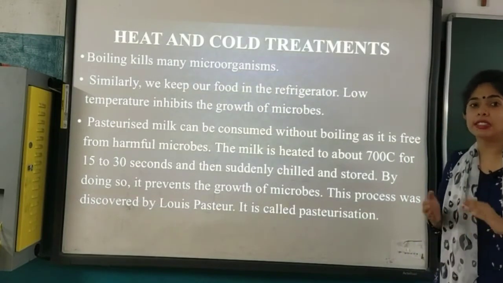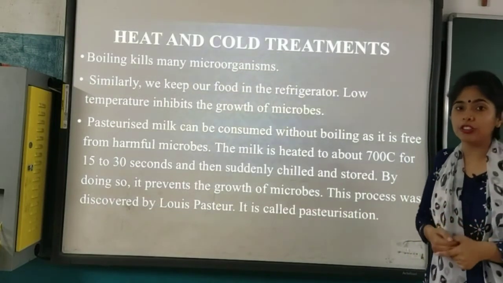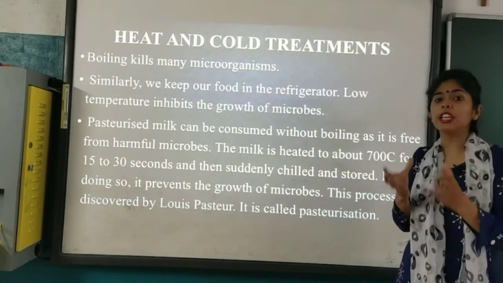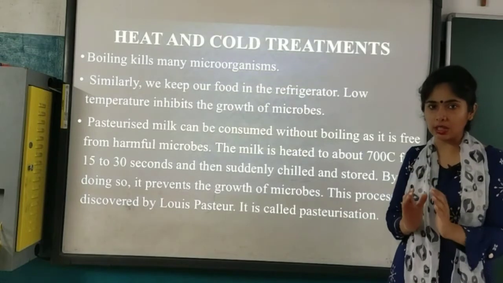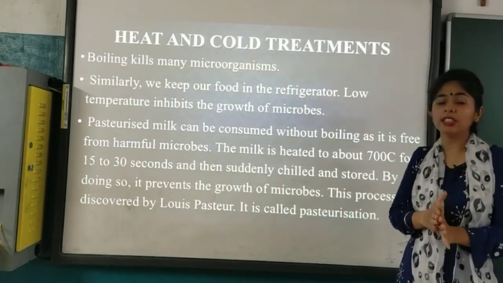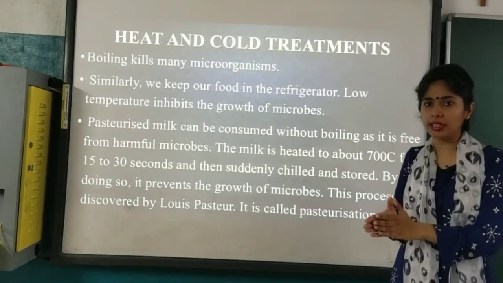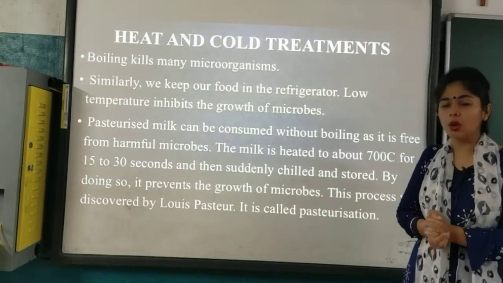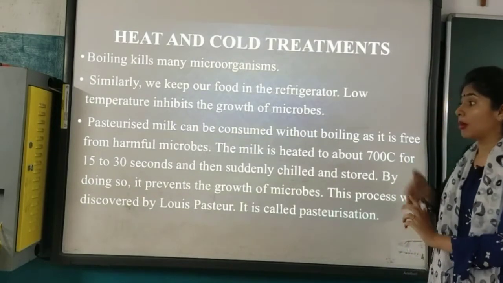Okay, now let us talk about the method of pasteurizing milk. Whenever we take packet milk, a method has to be applied to it, that is the pasteurization method, which is done by the industries. So what happens to this milk?